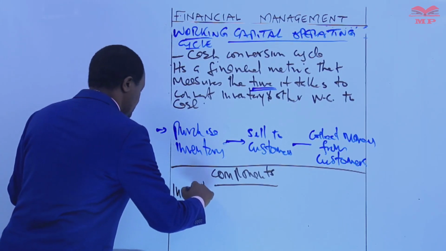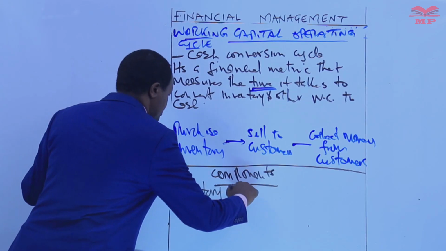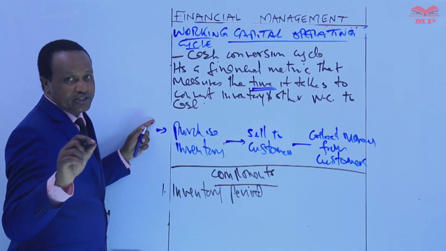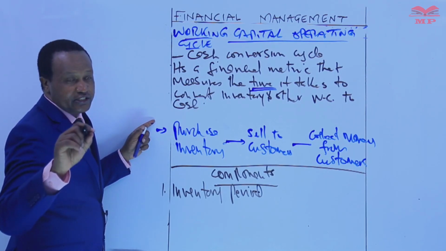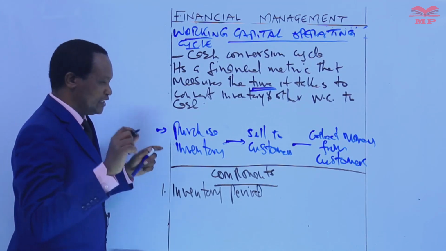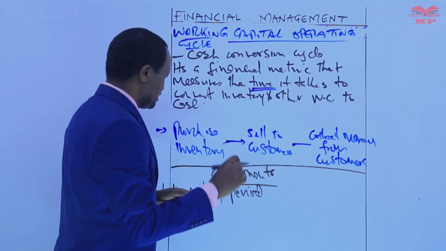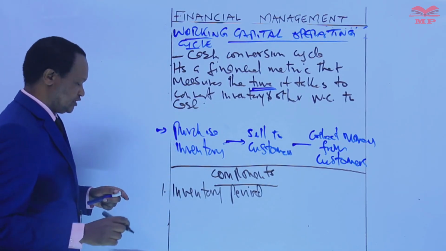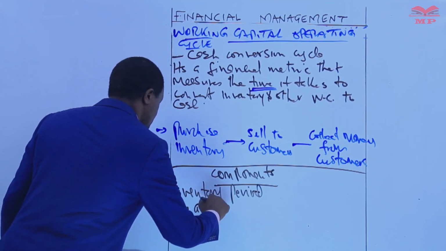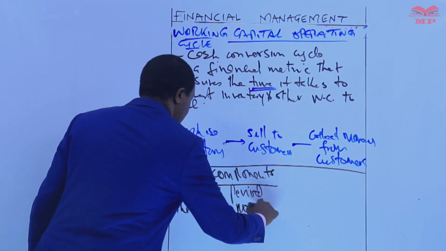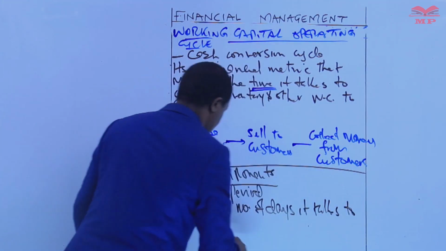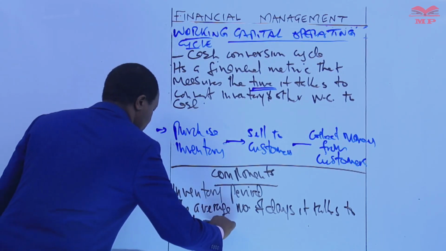Let's break it down further. Inventory period. This is the average number of days it takes to sell inventory.